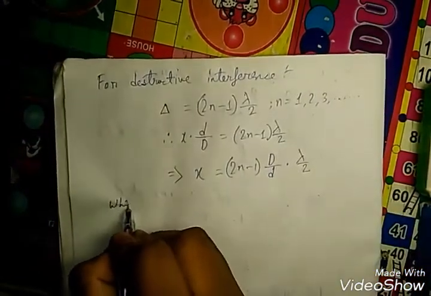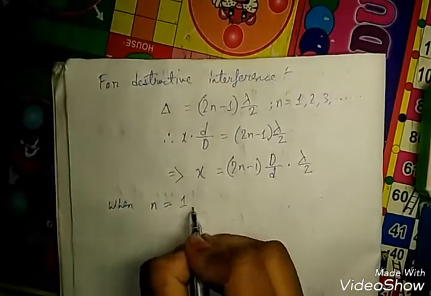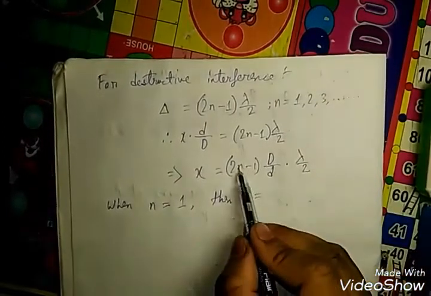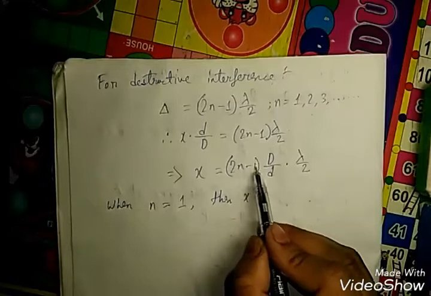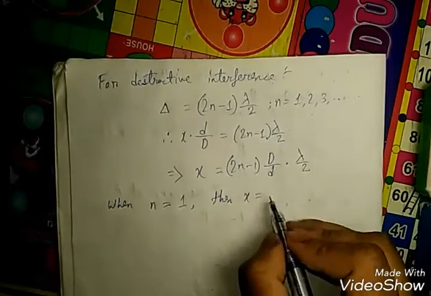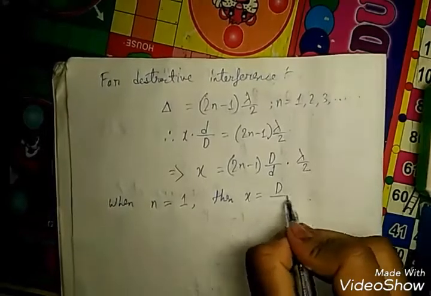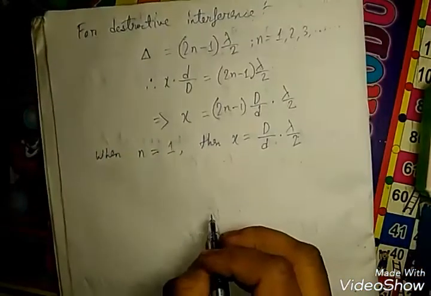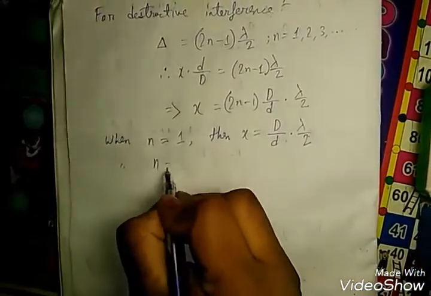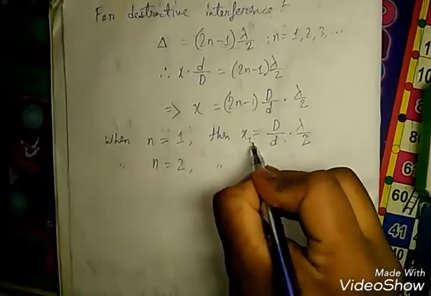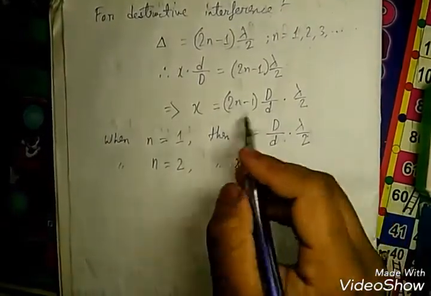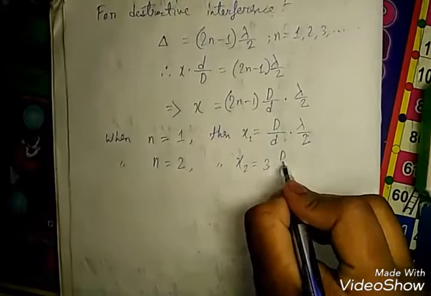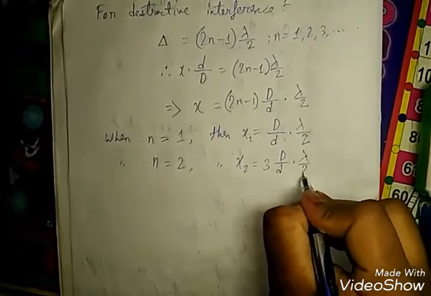Now when we put n is equal to 1, we get 2 ones are 2 minus 1, so it is 1. So we get here capital D by small d into lambda by 2. Now when we put n equal to 2, then x2 is equal to 2 into 2, 4 minus 1, 3. 3 into capital D by small d into lambda by 2.